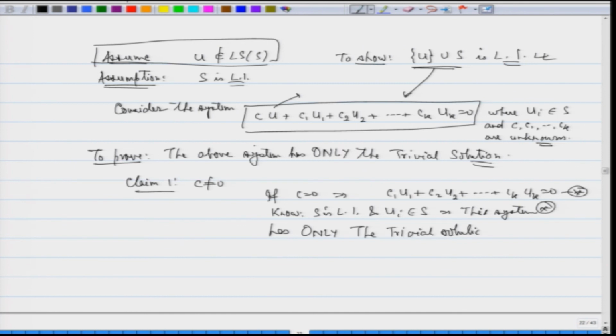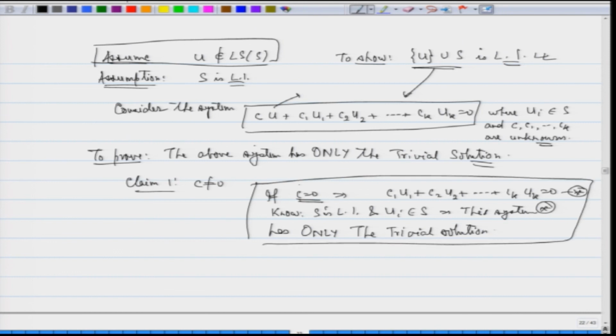Because C is 0 and this part is also 0, the whole system has only the trivial solution.